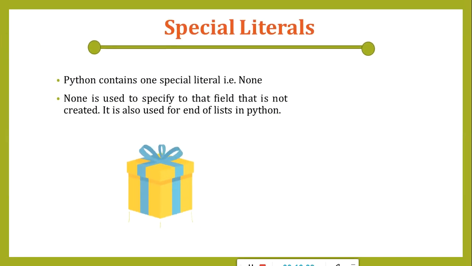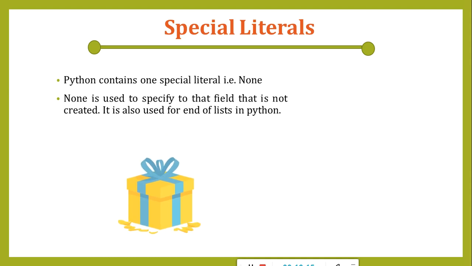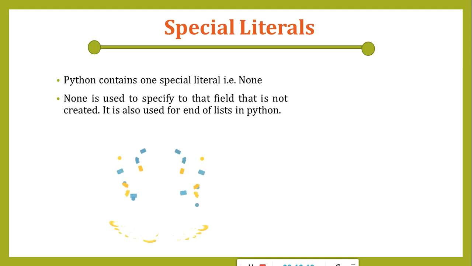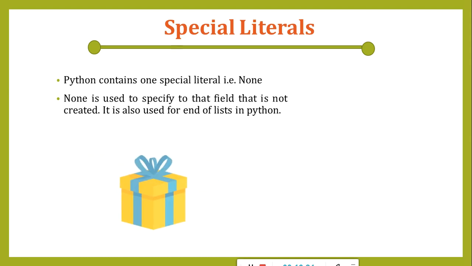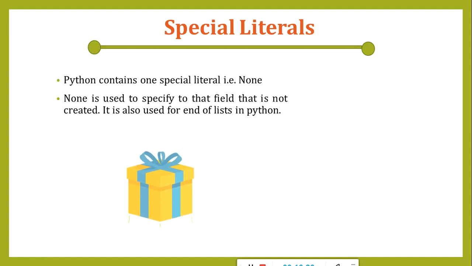Then comes the special literals. What is the special literal in Python? We have actually seen an example of the special literal previously, that is None. None is the only value that can be assigned to variables without any quotes provided. No need for quotes, as it is not a string.